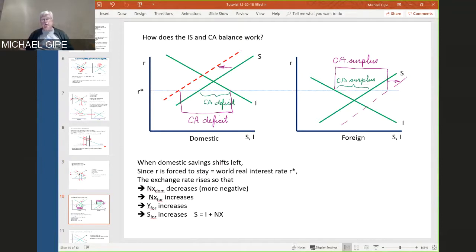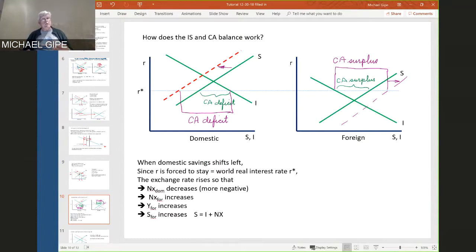In this particular case, the domestic exchange rate, that is, how many foreign units of currency can be bought with a unit of domestic currency, has to adjust.